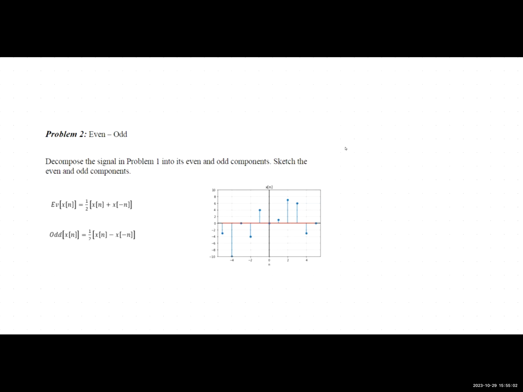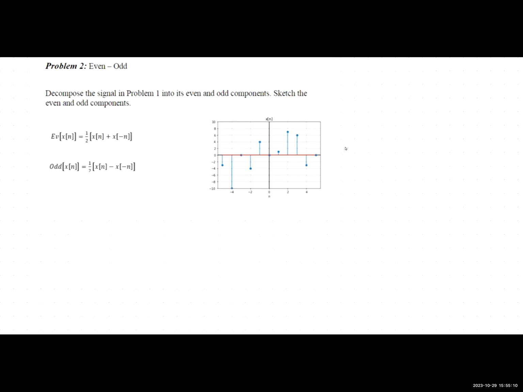For odd, it's kind of similar: we take the original signal and subtract, and also take half the amplitude. Okay, so we have our x of n here, and what I'm going to do is have people draw out x of minus n. So let me move that here to the right.